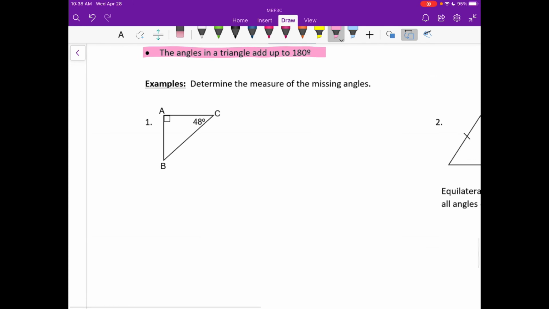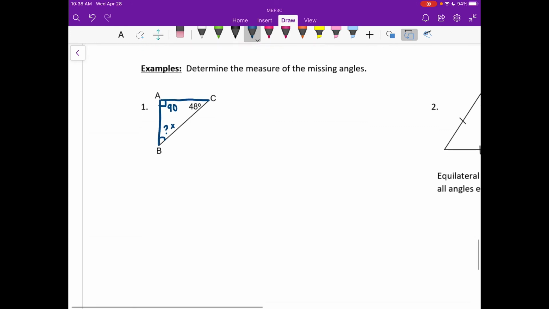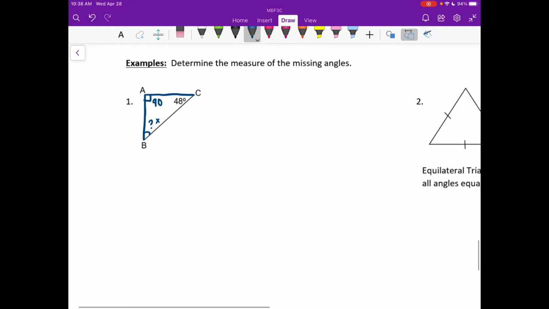So let's try to solve the first one. I have this triangle, I have this angle right here, which I know is 90, right? Because it's a right angle triangle. I have 48, and I'm trying to find out what this angle right here is, so I'm going to label this angle x. I know that if I add up angle A plus angle B plus angle C, they're all going to give me 180 degrees.